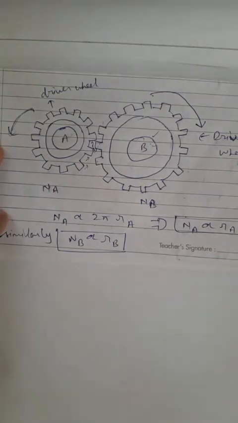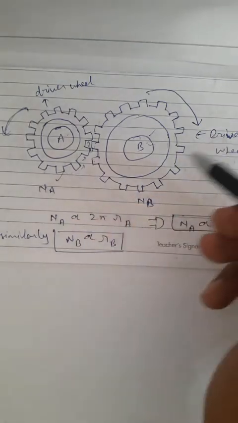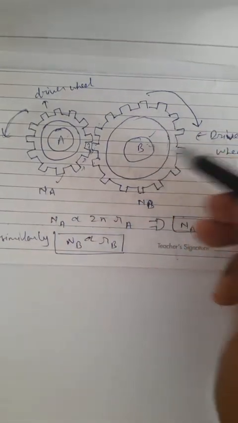Now we can say that a gear is basically a wheel having some teeth drawn on the outer surface of the wheel. Now let the number of teeth on gear A be NA and number of teeth on gear B be NB.